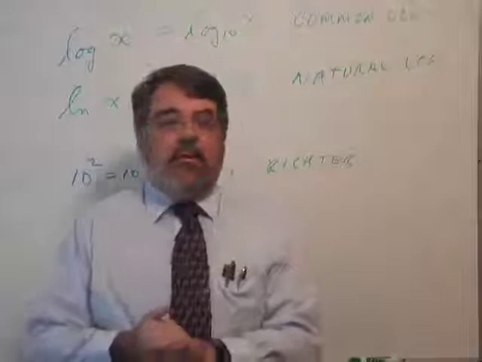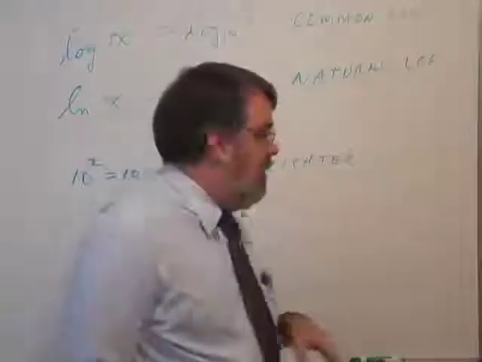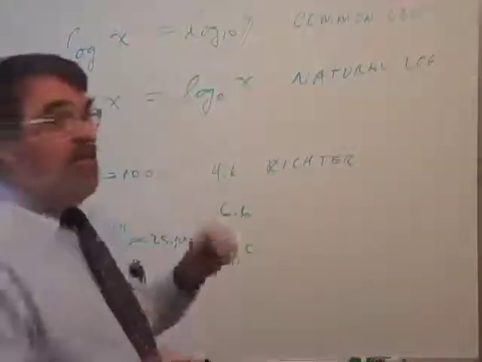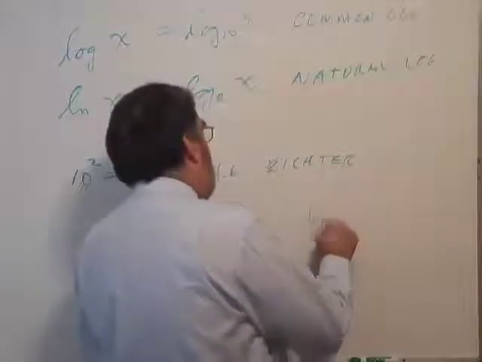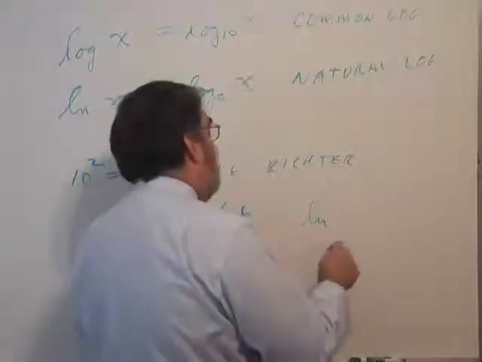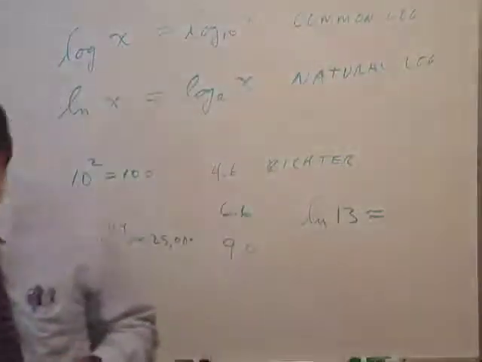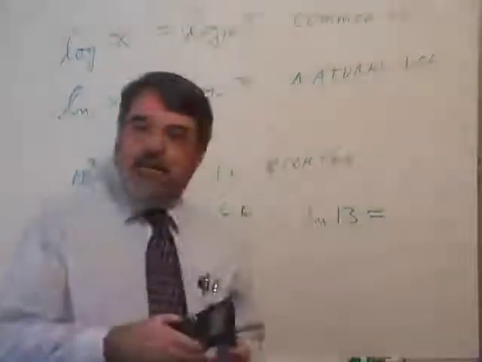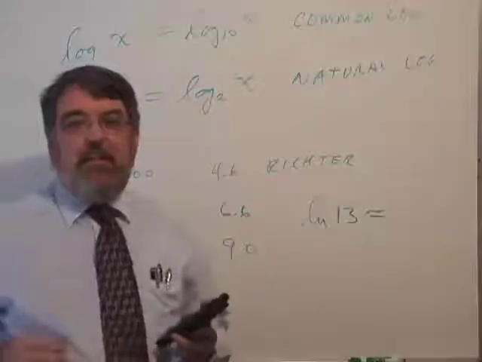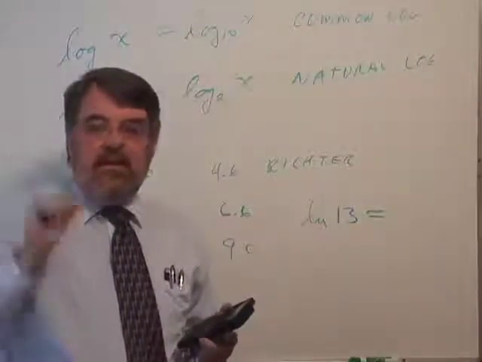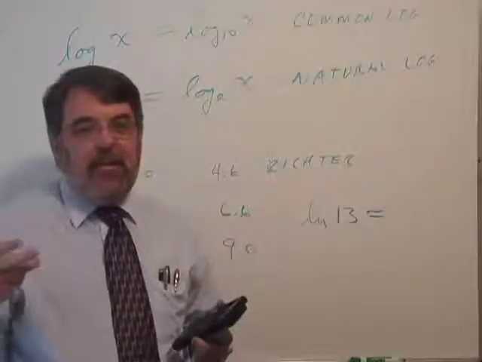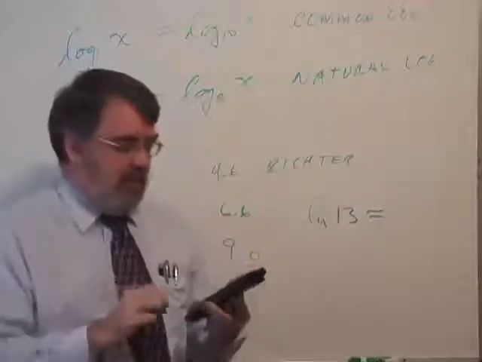So anyway, let's try a calculation on your calculator. Can you calculate the natural log of 13? Okay. Find the LN button on your calculator, and it is probably right above the e to the x button. Or I might have that backwards. Maybe you have ln and then e to the x is above it.